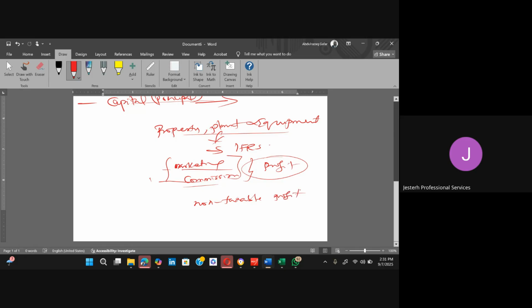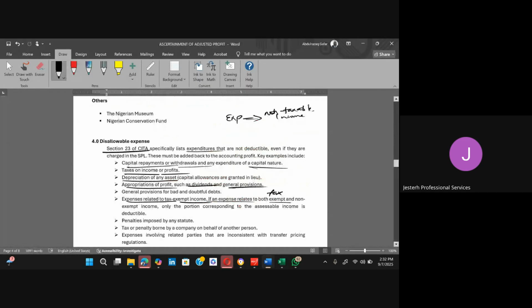Are you getting my point now, Bob? Because you are going to account for it under capital gain tax. So it's part of your non-taxable profits here. That is why whatever expenses you also incurred will not be accepted as allowable expenses. I hope you are getting it. So that is what we mean here.